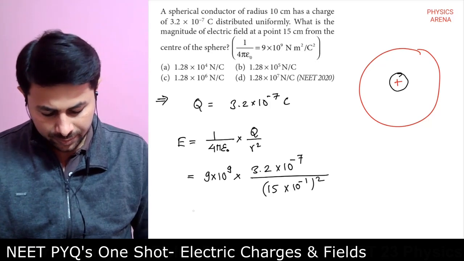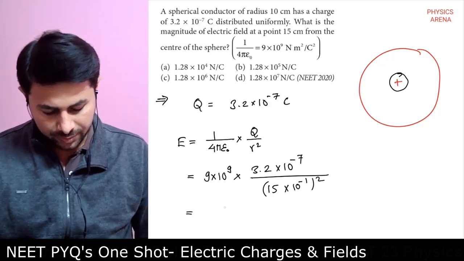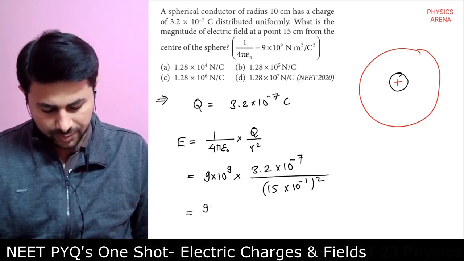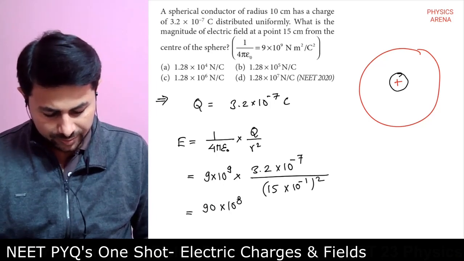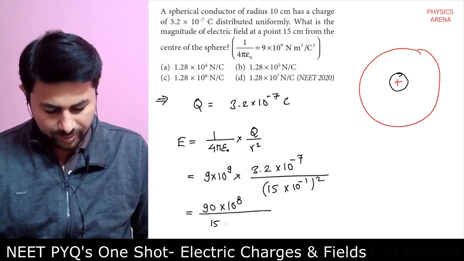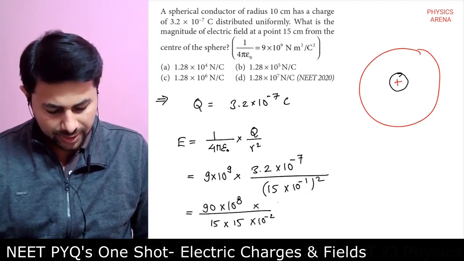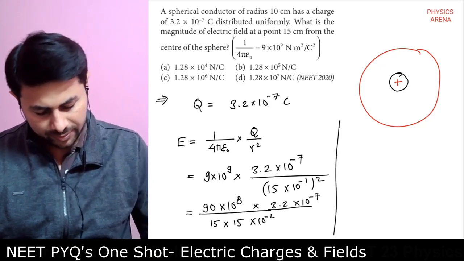So this is equal to, now I can write this as 90 multiplied by 10 raised to 8 divided by 15 multiplied by 15 multiplied by 10 raised to minus 2, and in the numerator it is 3.2 multiplied by 10 raised to minus 7.